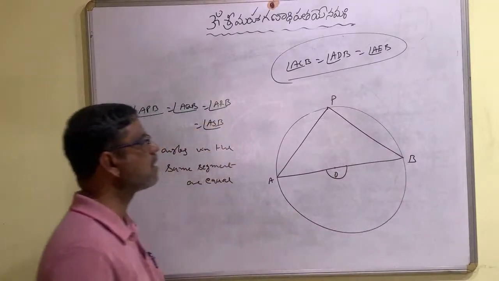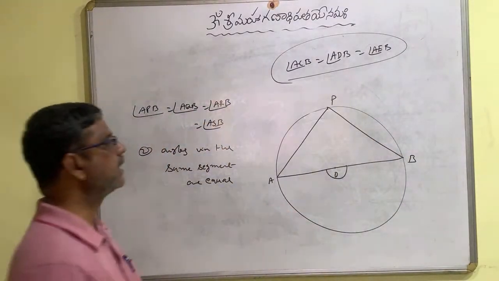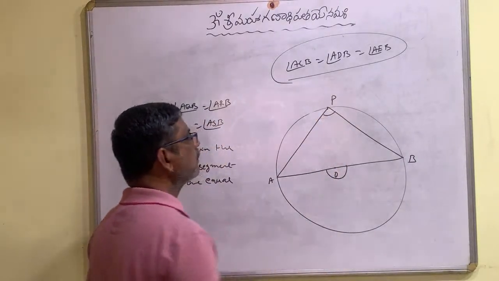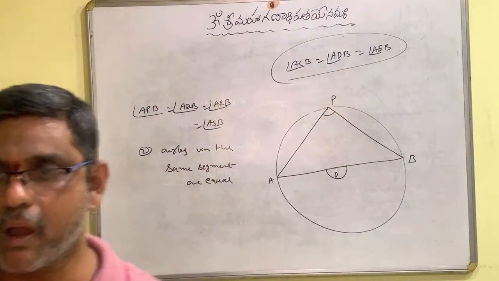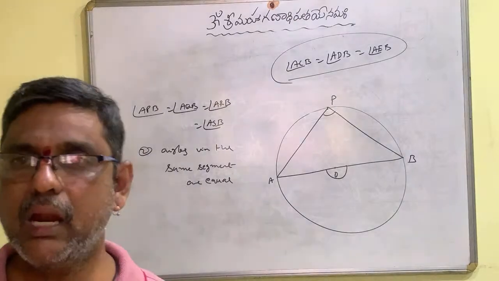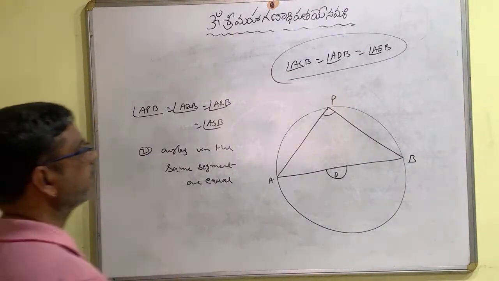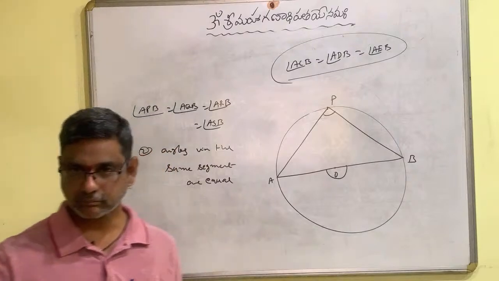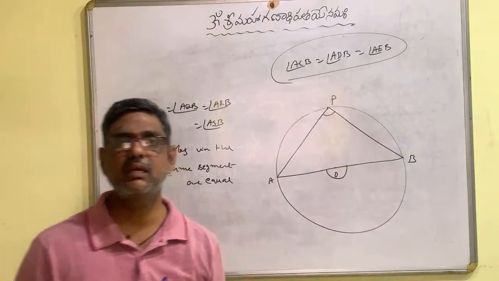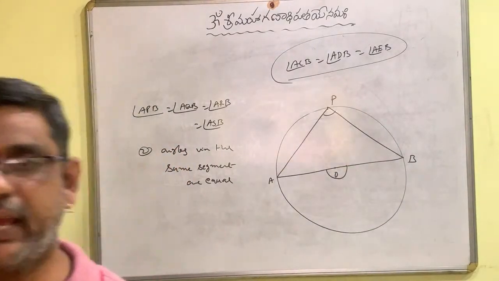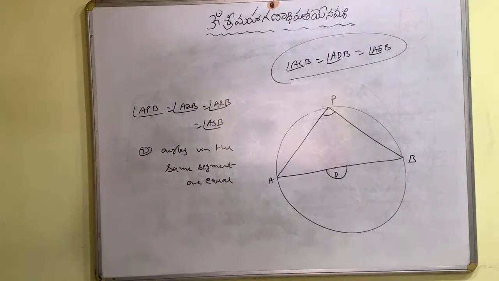I will join PA and PB. Now I got one angle over there, angle APB. Can I say APB is an angle in the semicircle? If the chord AB becomes a diameter, then I am taking one point P on the semicircle.